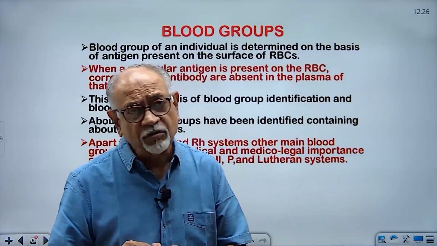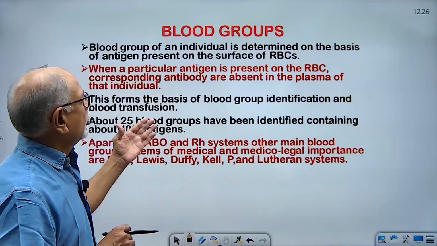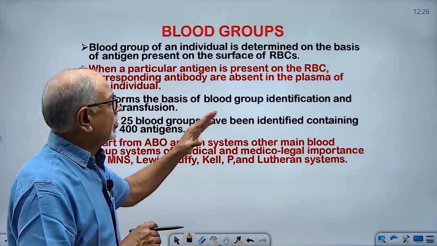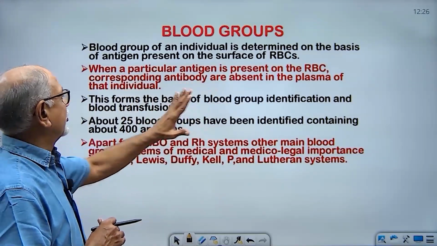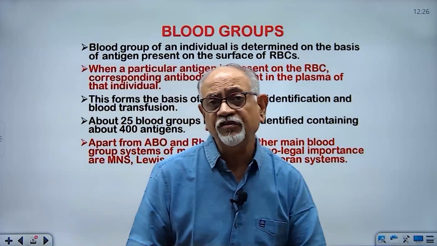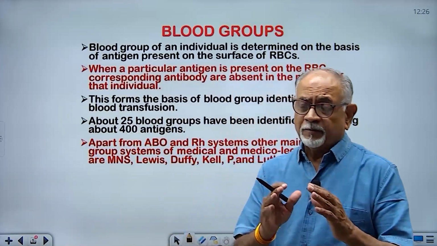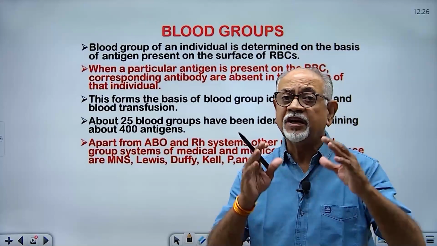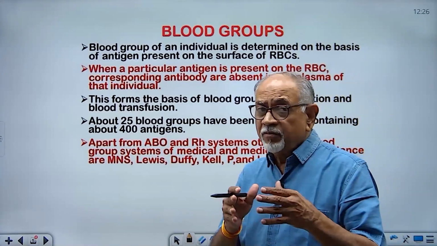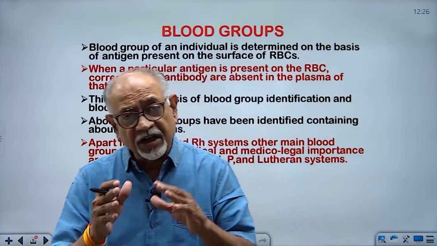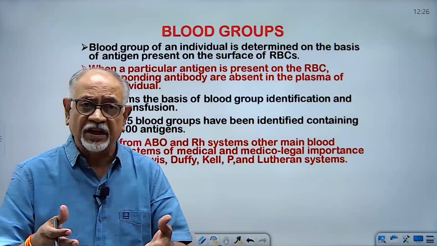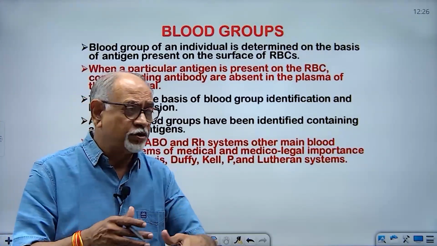When a particular antigen is present on the RBC, the corresponding antibody should be absent in the plasma of that individual. That means if a person is having antigen A on its RBC, antibody A or alpha cannot be there in its plasma, because if it is there, it will cause agglutination.